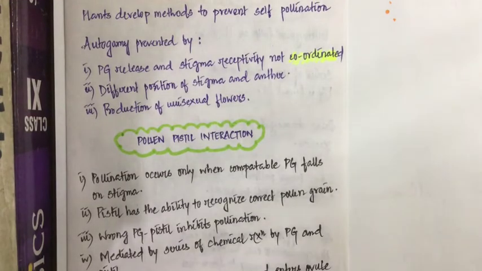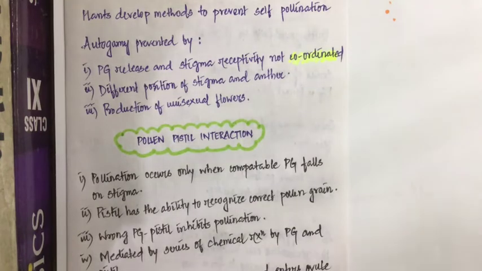That means the stigma is not yet receiving any pollen grain. So obviously the pollen grain will go away to some other stigma which is receptive at that point of time, of some other plant, right? So they are not coordinated. Sometimes the stigma receptivity is there but the pollen grain is not releasing. That means the stigma will receive pollen grain from another plant, right?